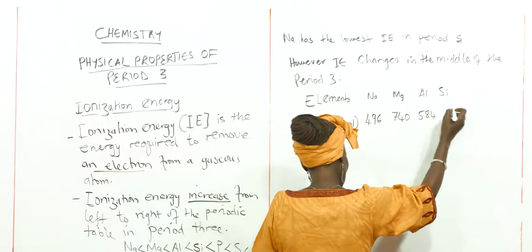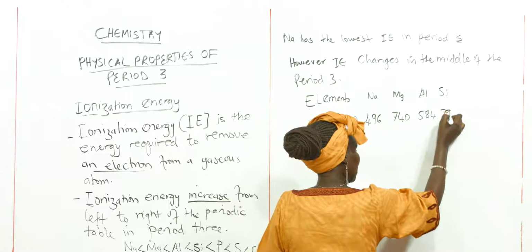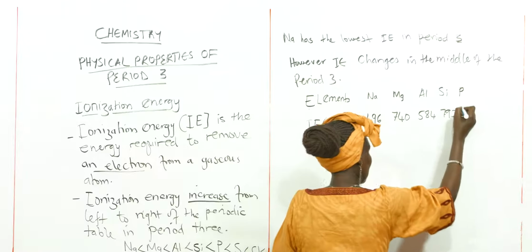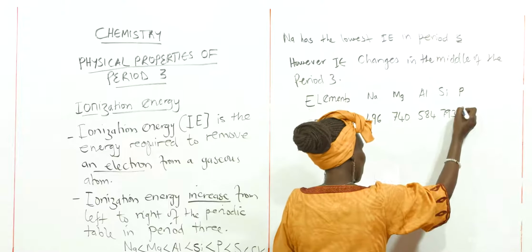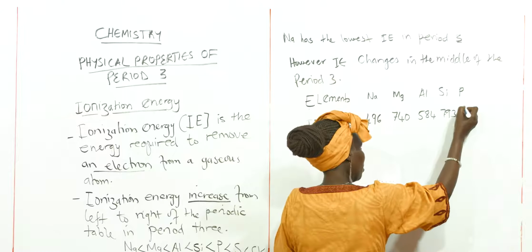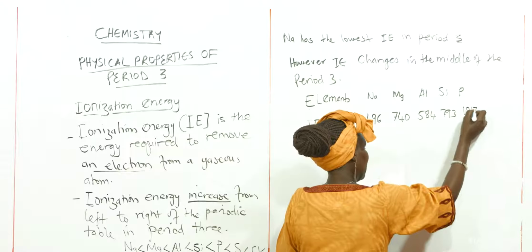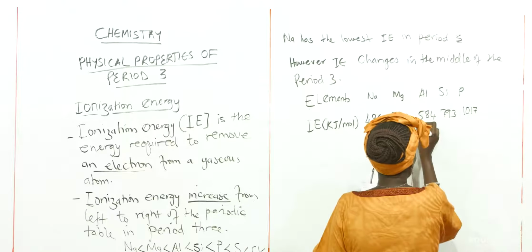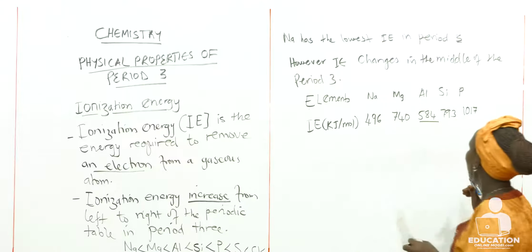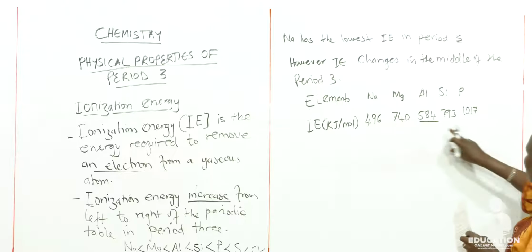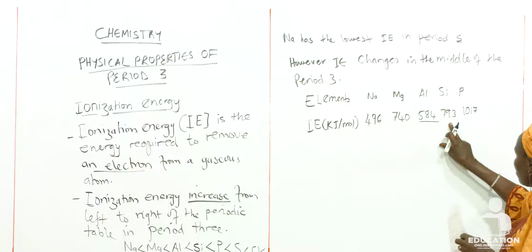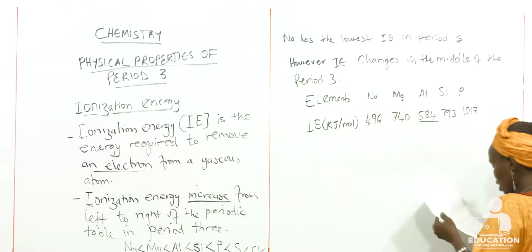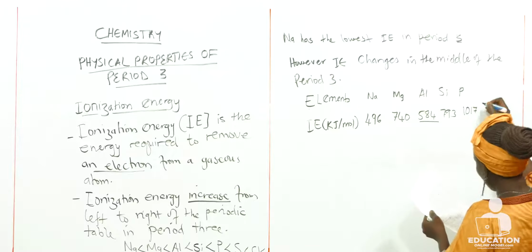Silicon has 793, while phosphorus has 1017. So we have seen that there is a drop in aluminium, and also from aluminium it increases a bit to 793.